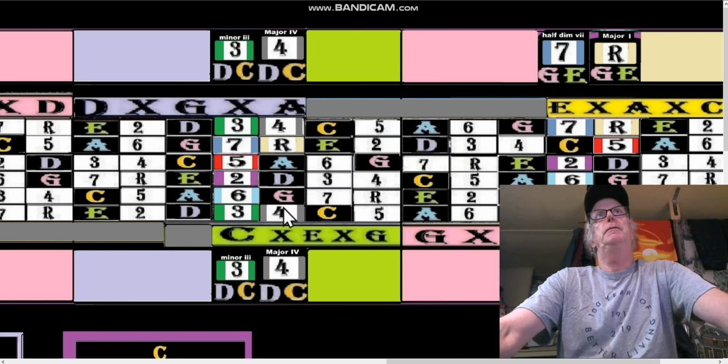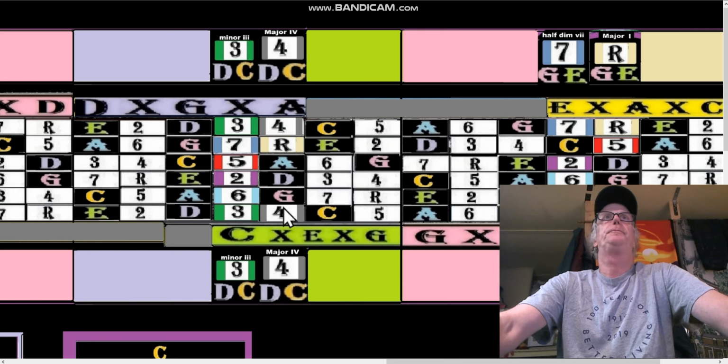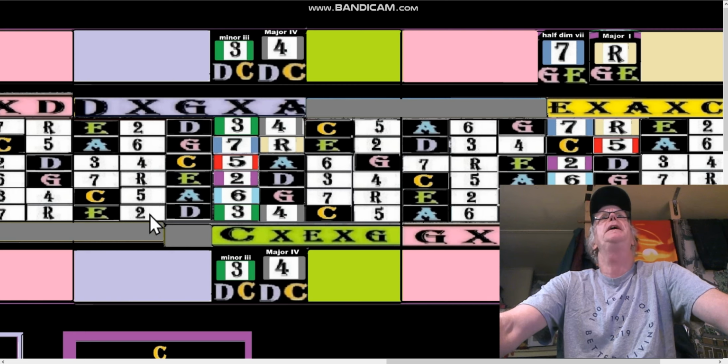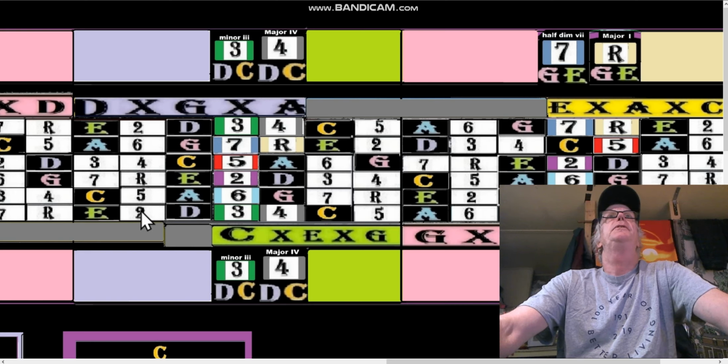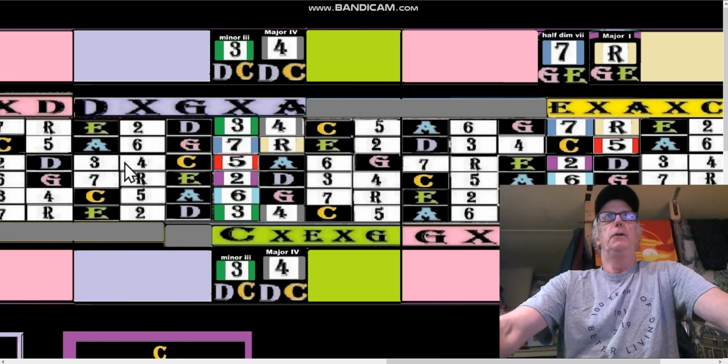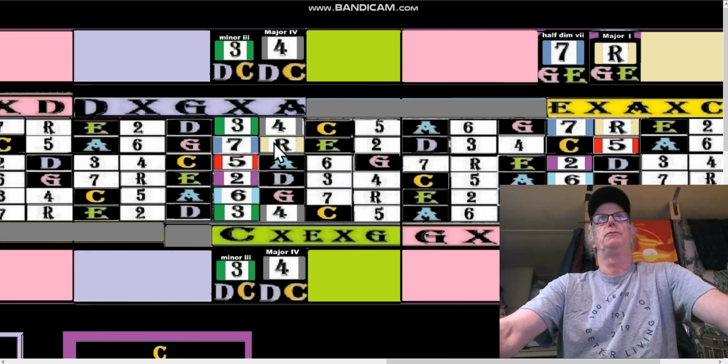But there's more to it than that. Remember we made our D build today? So we would start on the 2 and then start building from there: 2 3 4 5 6 7 root 2, 3 4 5 6 7 root, and then up to the D shape again, 2 3 4.